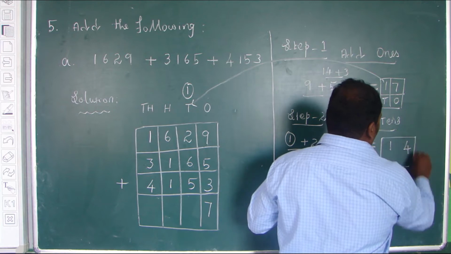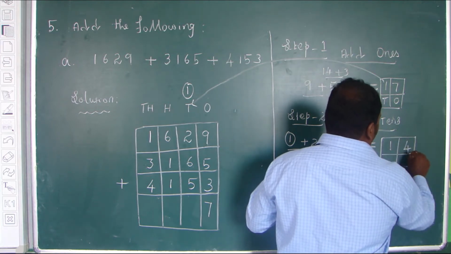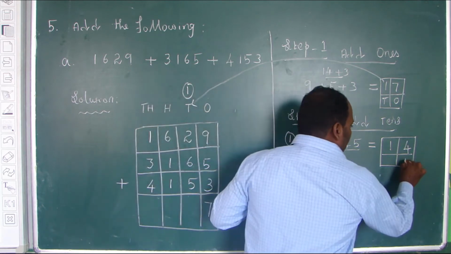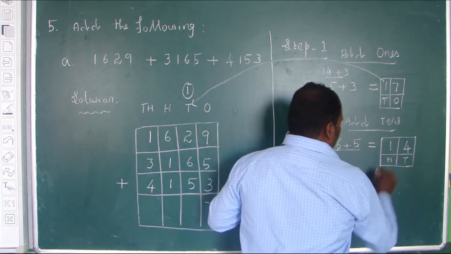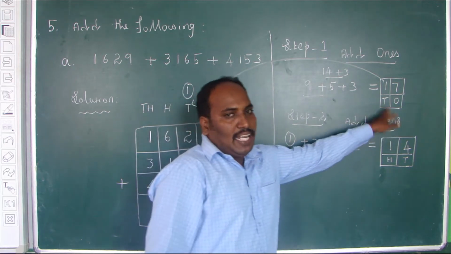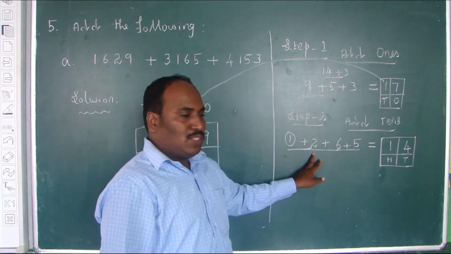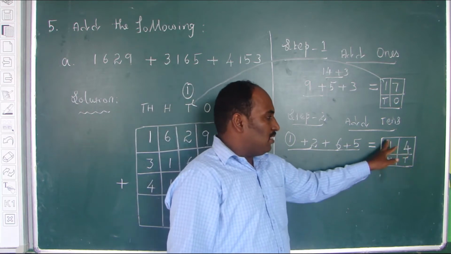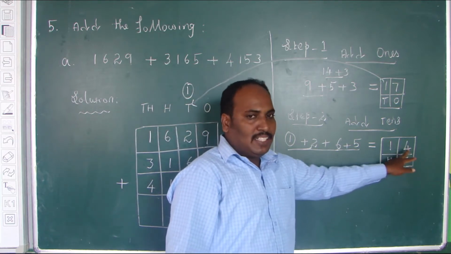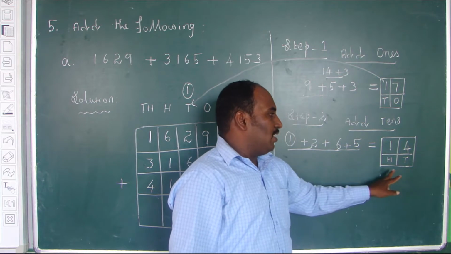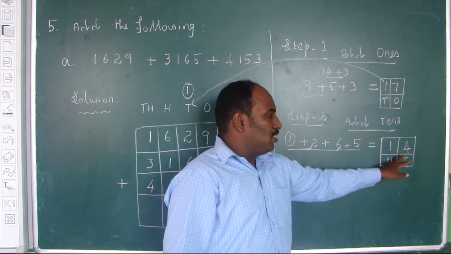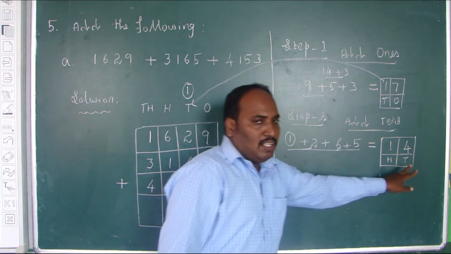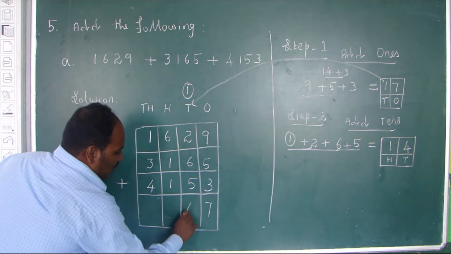We take the place value for number 14. Tens, hundreds. 14 tens means 4 tens and 10 hundreds.